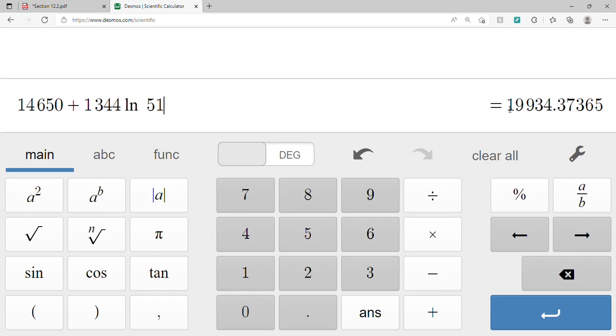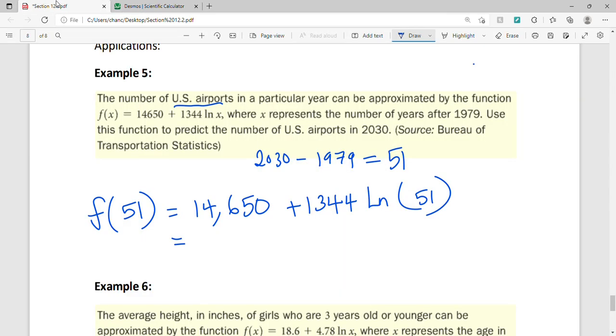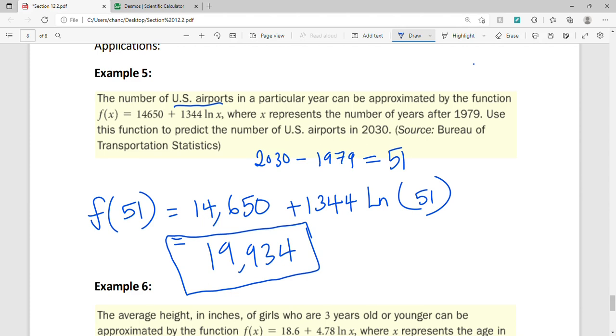And I got a number, 19,934.3. So let's just round that to 19,934. And this is the number of airports that we will have in the US in the year 2030.